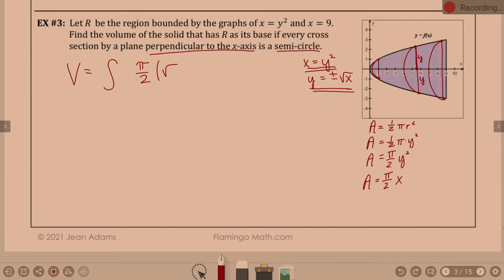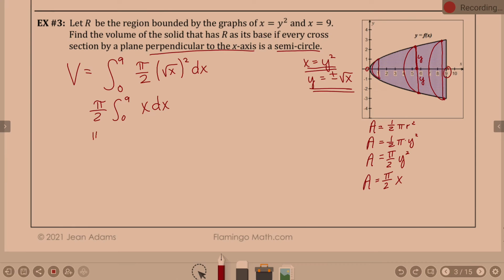If you want to go that way, in case you need to look at it later, the square root of x squared dx. What are my boundaries? Okay, we're in terms of x again, so 0 to 9. So you can pull that pi over 2 out front, the integral from 0 to 9 of x dx. And you can do that basic math, right?